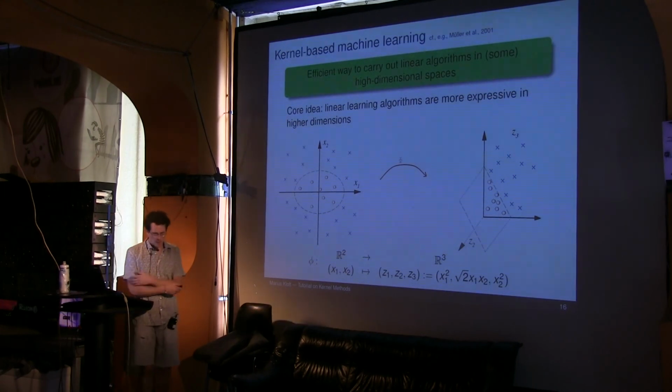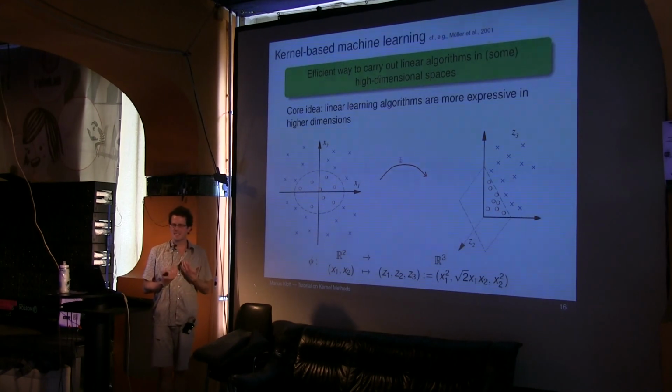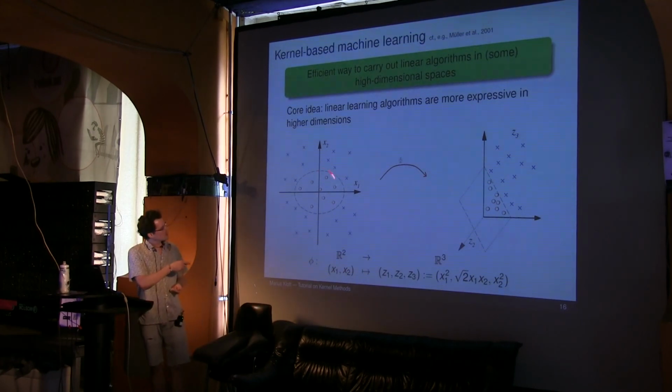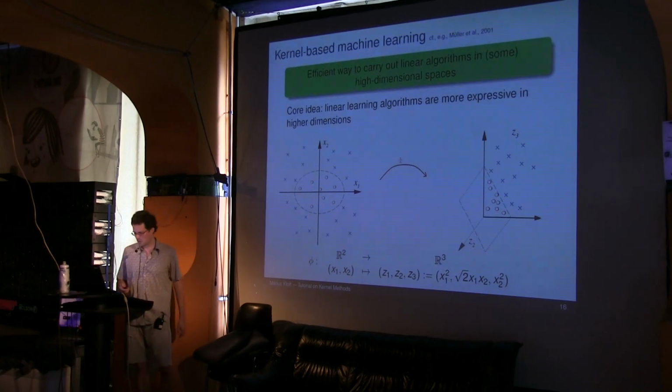So you think of this as the data, which you have brought into such a representation, but this representation is maybe not optimal for linear algorithms, so you could change the representation. For instance, I could use polar coordinates here, and I wouldn't have any problems using linear algorithms.